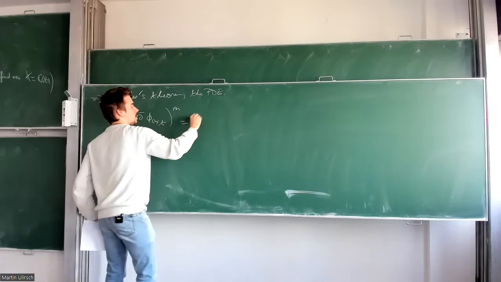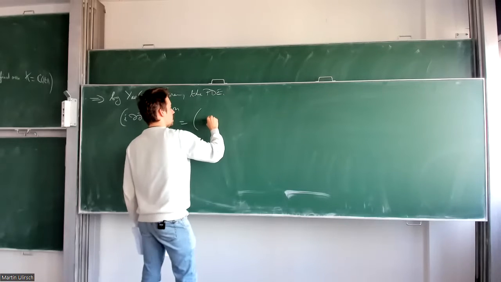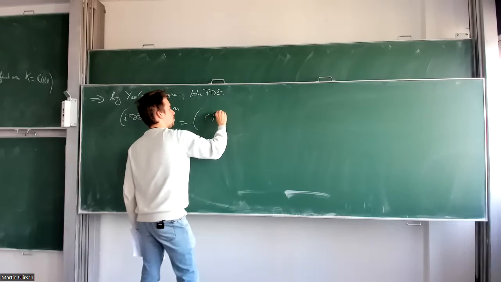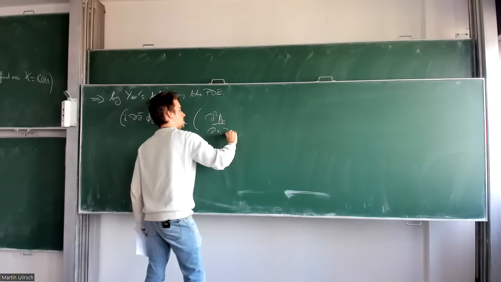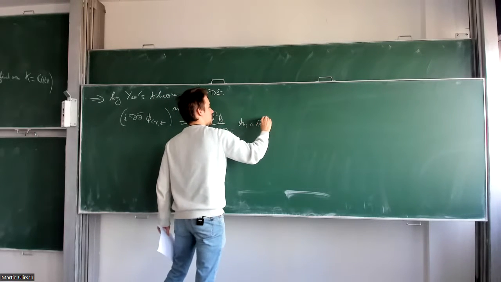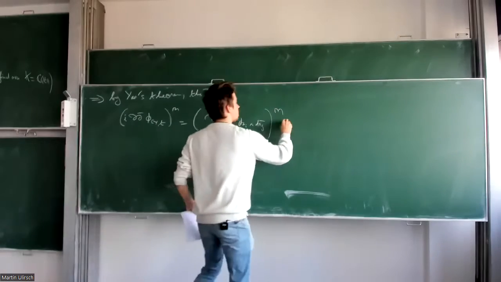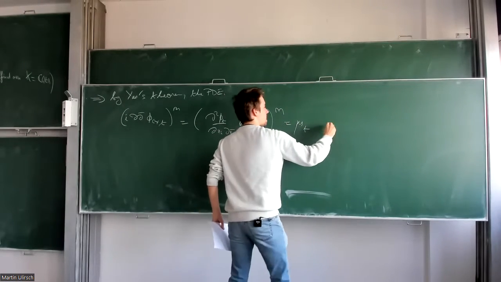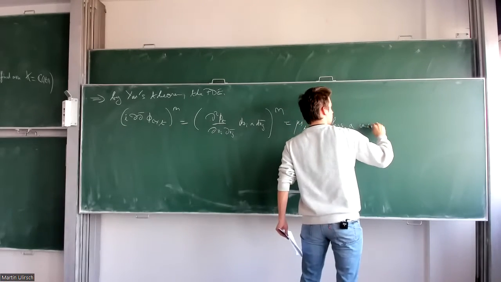So this is a two form which is given in the following way: the second derivative of phi t over dz_i dz_j bar times dz_i dz_j bar. So this is the two form. I take the nth exterior power. This is equal to mu t. And this has a unique solution up to a constant.